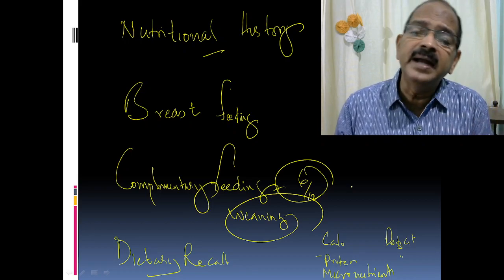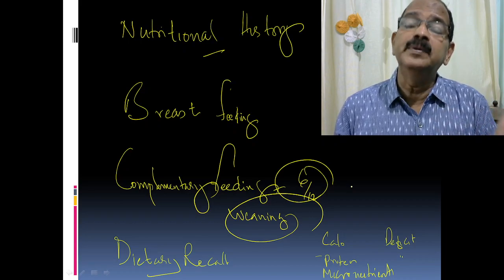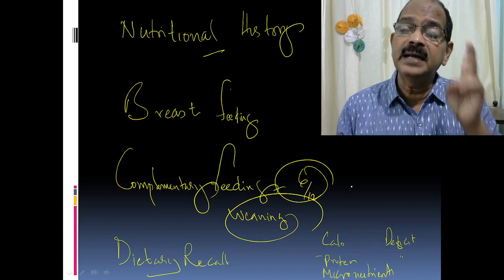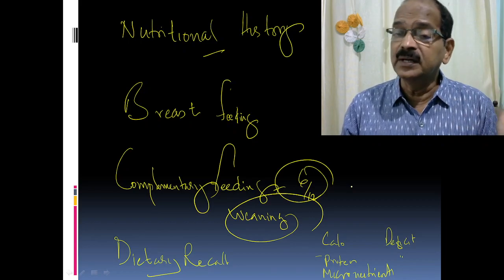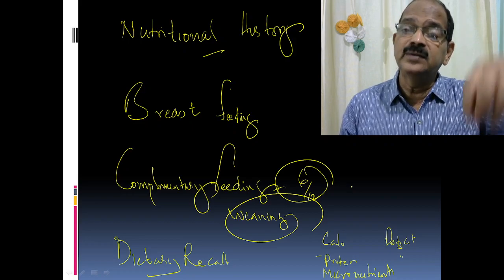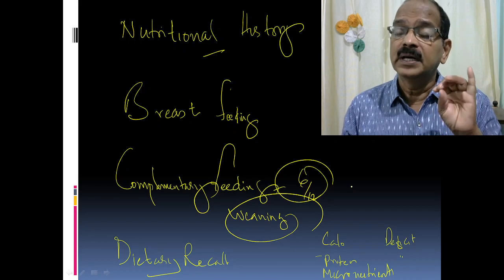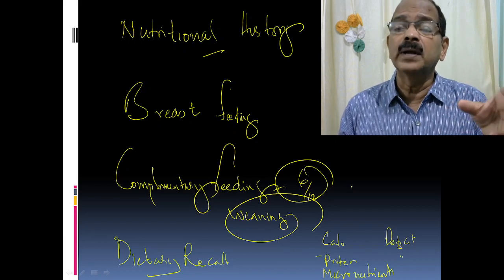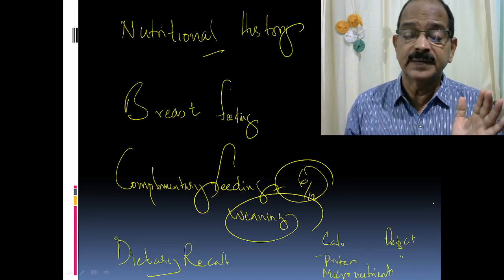You're just adding semi-solid. The semi-solid should be given at the right time, in the right method and with the right items. If anything goes wrong, you are likely to fall into the pit of malnutrition. So, the right time, right method and the right items. We will learn more about complementary feed introduction in a later session.